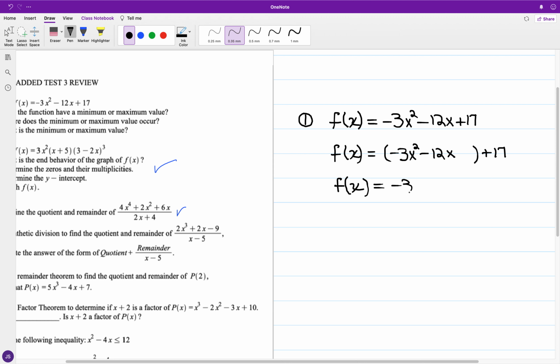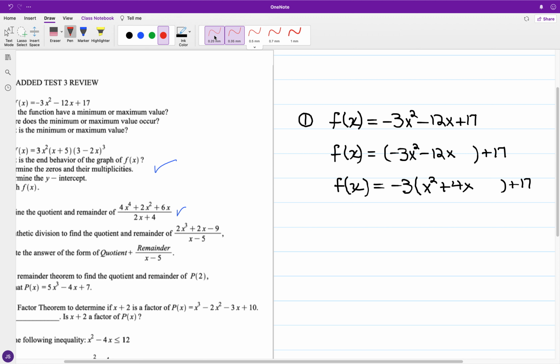And if I factor out negative 3 from negative 3x squared minus 12x, we have negative 3 times the quantity of x squared plus 4x. And you can double check. So again, negative 3 times x squared is negative 3x squared. Negative 3 times 4x is going to be negative 12x, and we have plus 17.